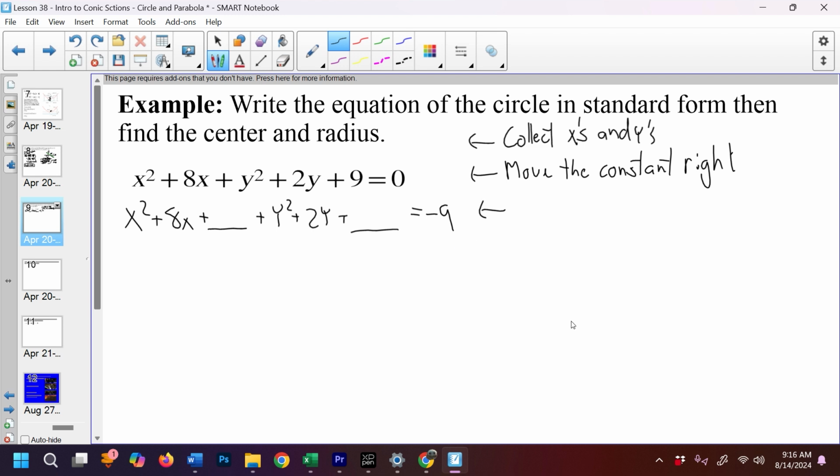Now, for this one, to complete the square, I look at the b value for both the x's and the y's. And so what we'll do is we're going to add (b over 2) squared. We're going to take that b, divide by 2, and square it. And then we're going to do that to both sides.